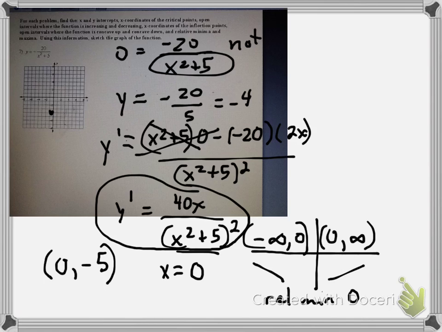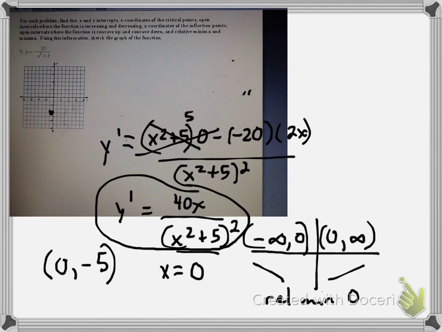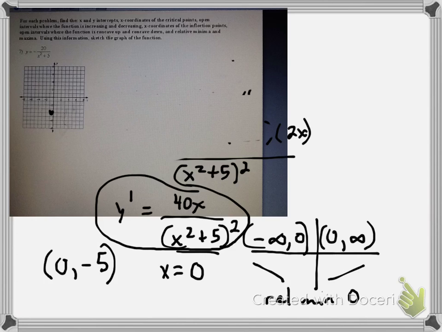Now we need to find the second derivative to look at concavity. So I'm going to start out by trying to cut out my derivative there, and I'm going to erase this other stuff so you can see me working it out.